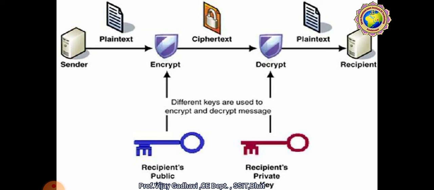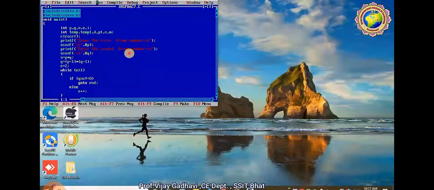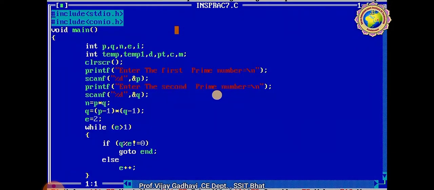बेसिकली ऑपरेशंस में आप देख सकते हैं कि the principle behind RSA is observed that it is practical to find three very large positive integers. यहाँ पे हम देख सकते हैं standard library, header files, standard input output and console, then void functions, then we need to specify the integer values of p, q, n, e and i.